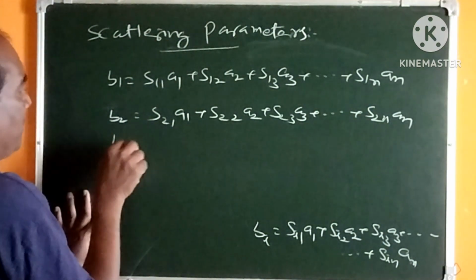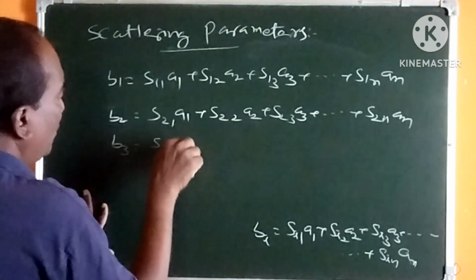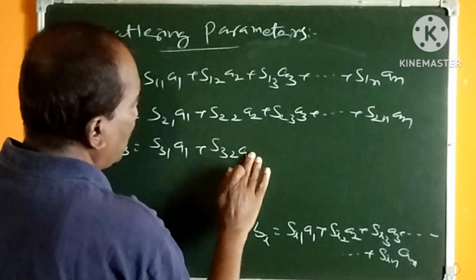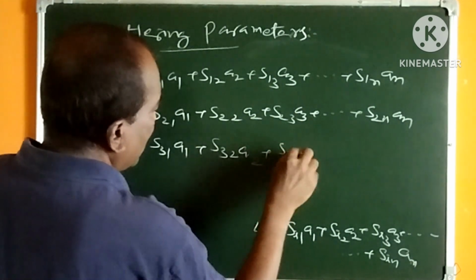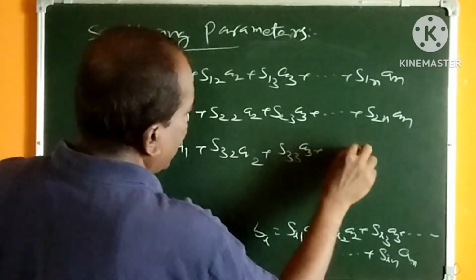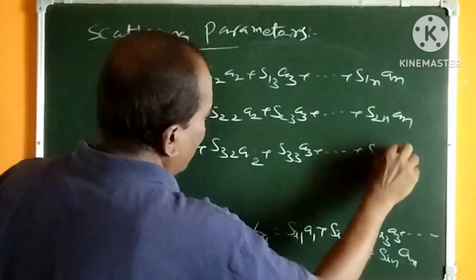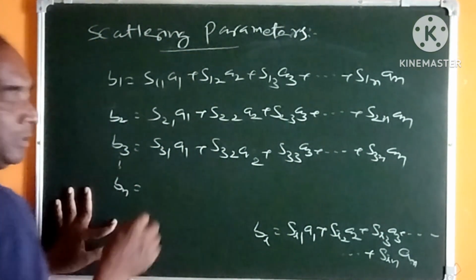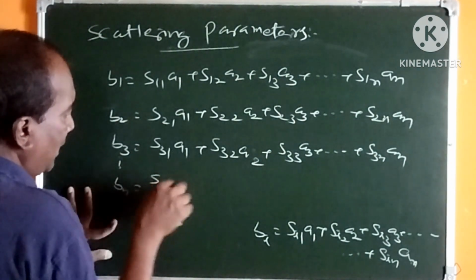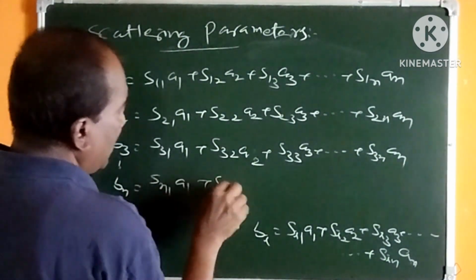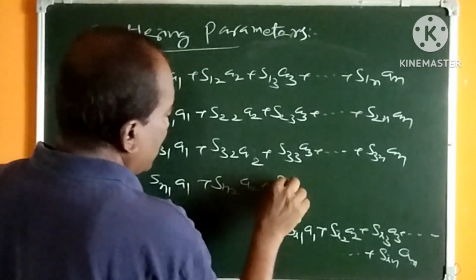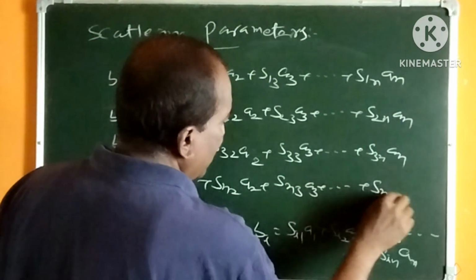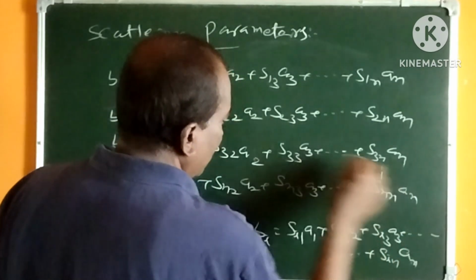Similarly B3 equal to S31 into A1 plus S32 into A2 plus S33 into A3 plus etc. plus S3n into An, and so on. Bn equal to Sn1 into A1 plus Sn2 into A2 plus Sn3 into A3 plus etc. plus Snn into An.